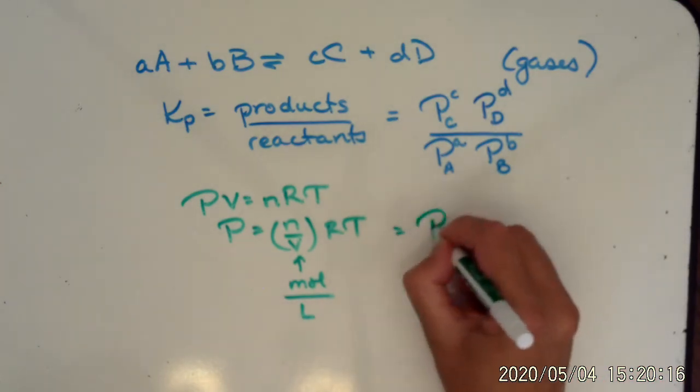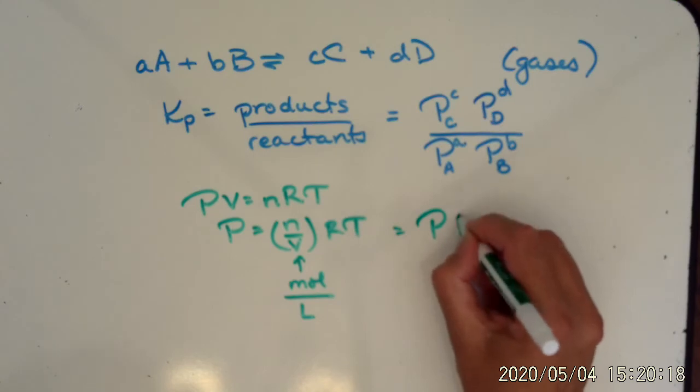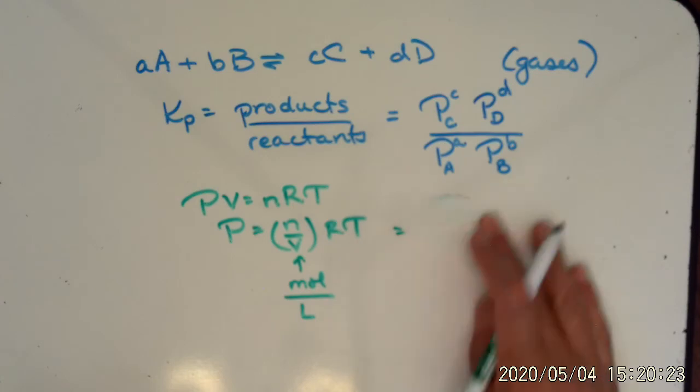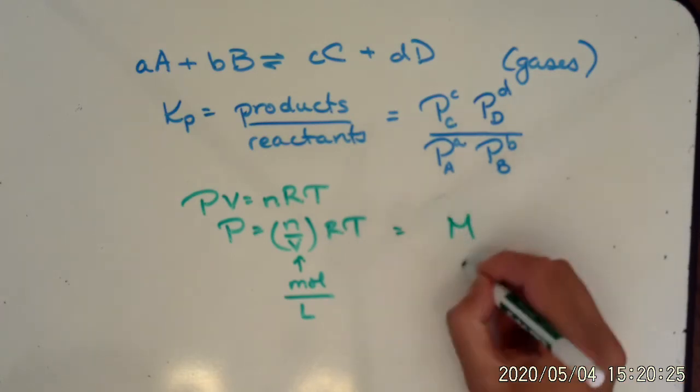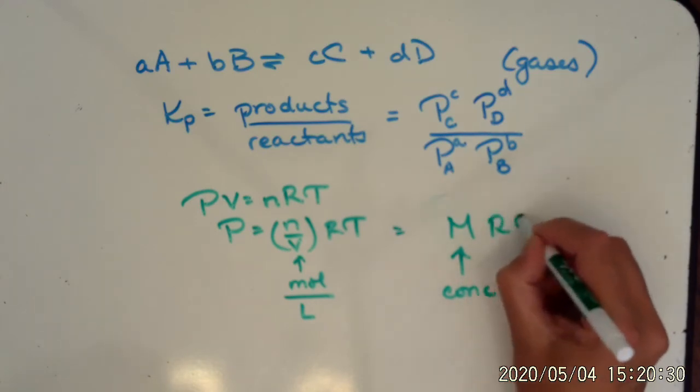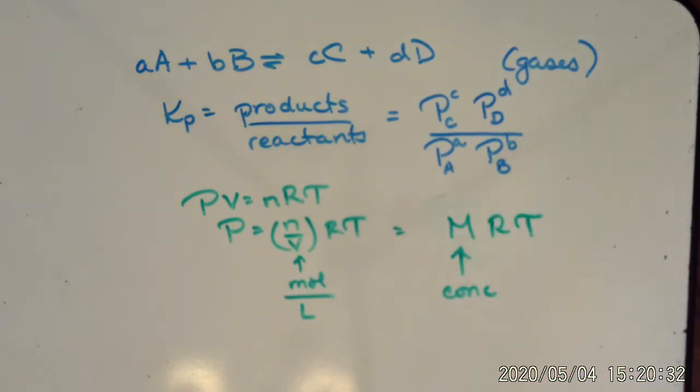So this is the same as saying concentration times RT. Okay? So let's continue with this. If I rewrite this, I could also say that the pressure of A is going to be equal to the concentration of A times RT.